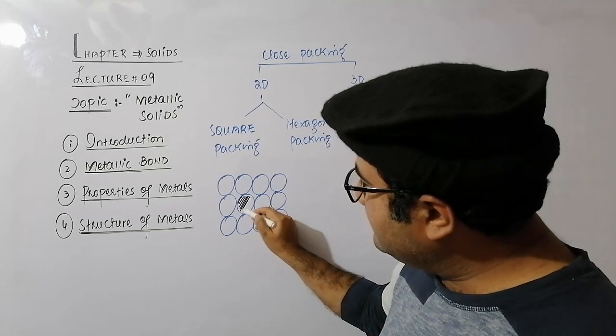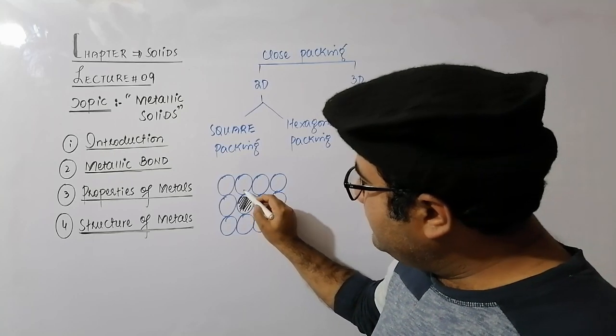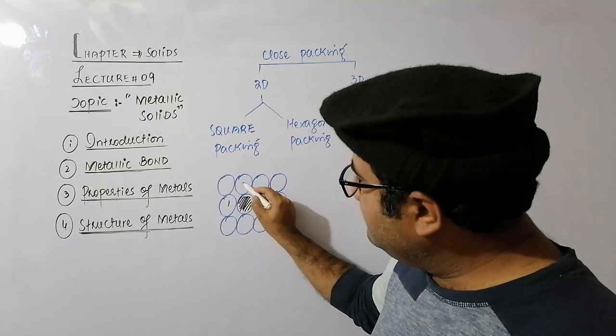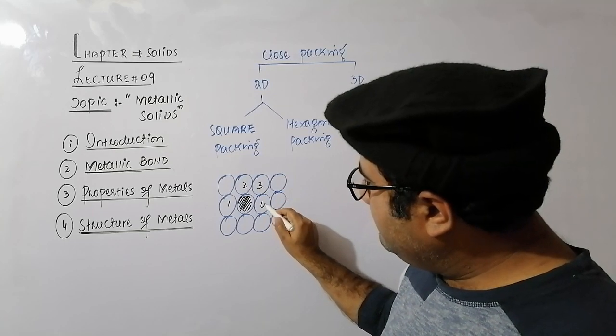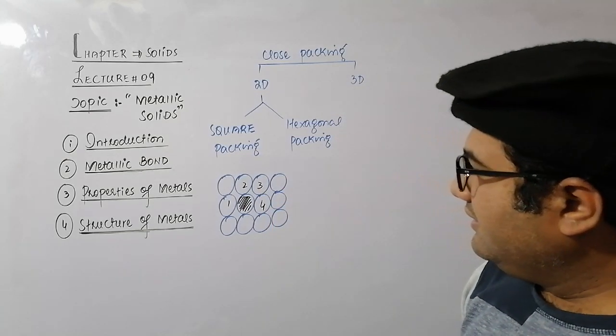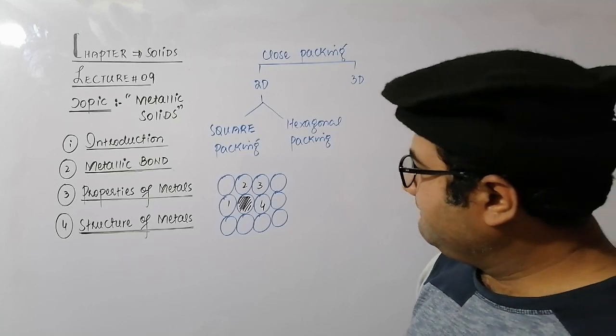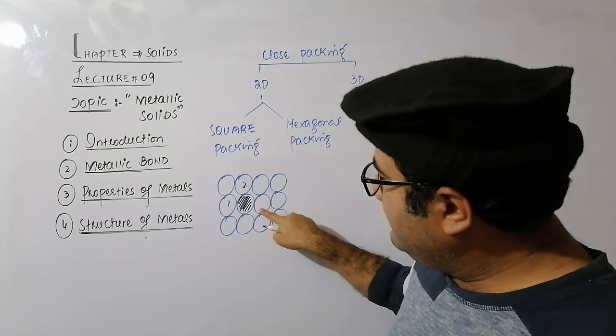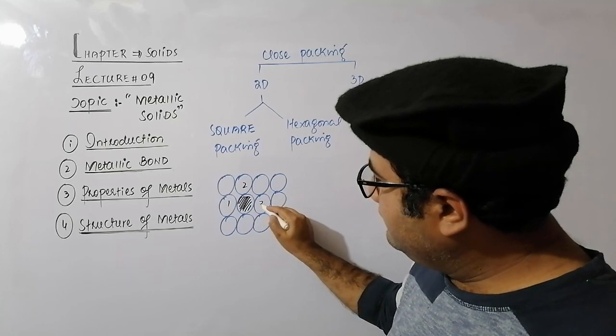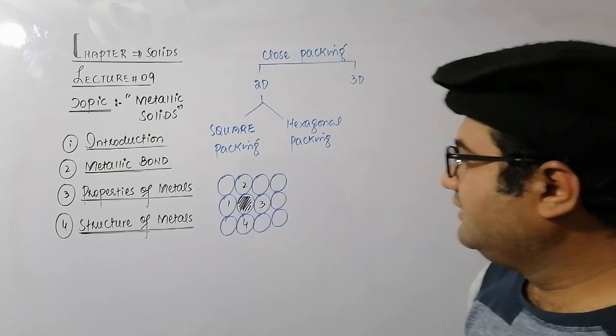Suppose I am highlighting this atom. It is being touched by 1, 2, 3 and 4 atoms. Now this one is not touching it. So 1, 2, 3 and 4 atoms.